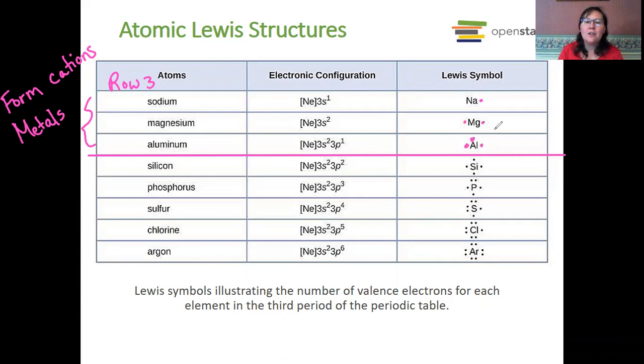Okay, now things are going to be a little bit different when we come down here. Here we have nonmetals. Our nonmetals can form anions, but we're not going to look at them in terms of anions really in this chapter. We're going to look at them in terms of covalent bonds.